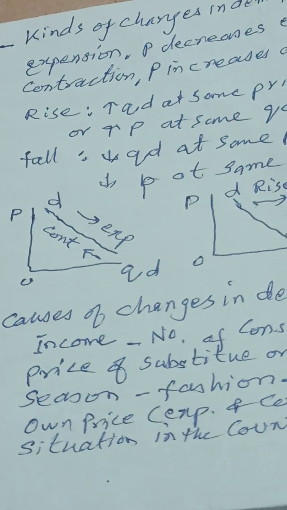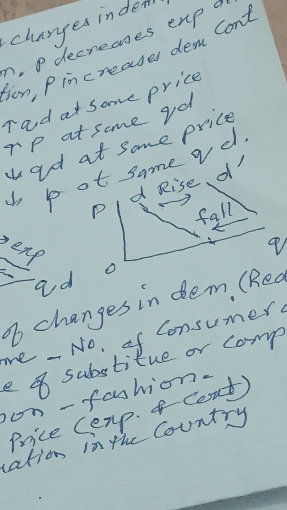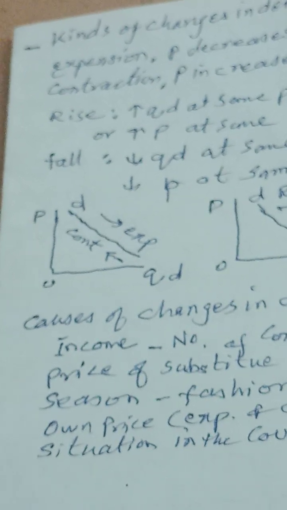The next reason is change in number of consumers or population. When number of consumers or population increases, demand also increases, and vice versa. The next reason is price of substitute or complement. When substitute price increases, demand of a product also increases.